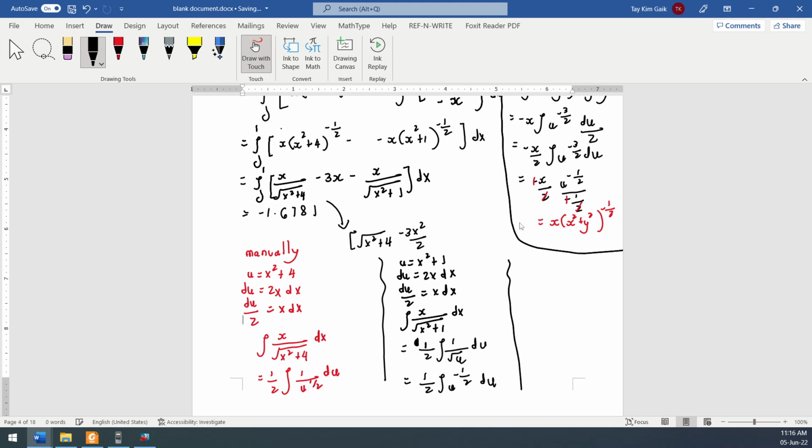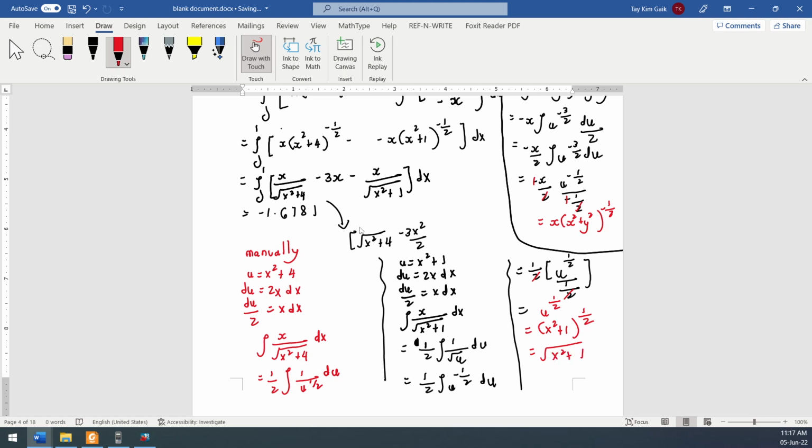Similarly, you will get, for integration, negative half plus 1, so you got u power half divided by half. So this one cancels. So you get the answer u power half, where u is x squared plus 1, power half, or square root of x squared plus 1.